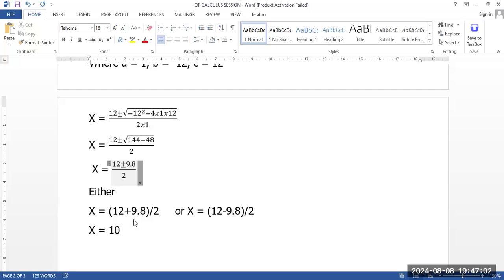Do you have 10.9? Or x is equal to, if you get 12 minus 9.8, you get 2.2 divided by 2. You will be in a position to get 1.1. That's what you have.